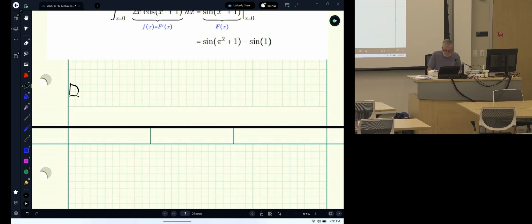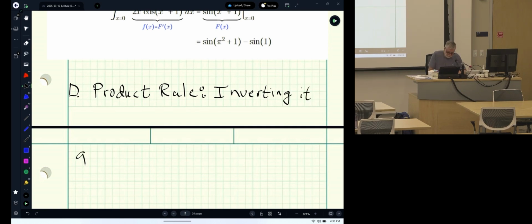Okay, D, product rule. Remember, how we're approaching these is how you invert differentiation rules. You invert it. That gives integration by parts.